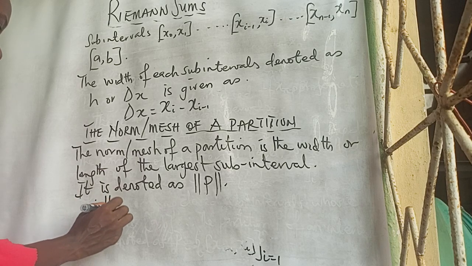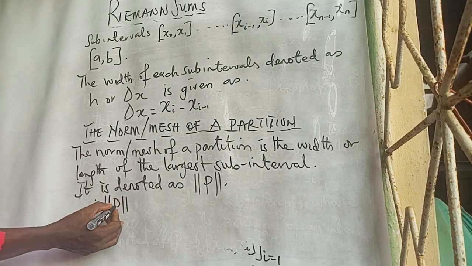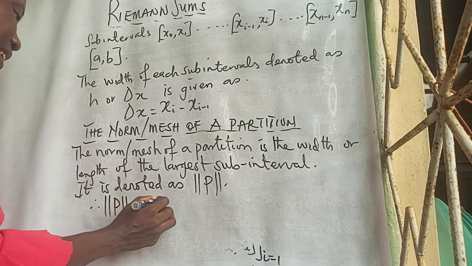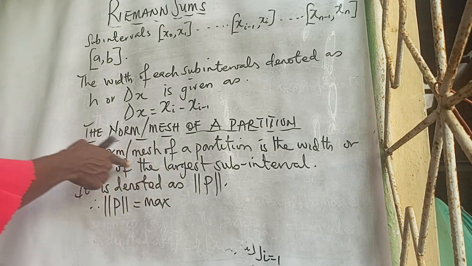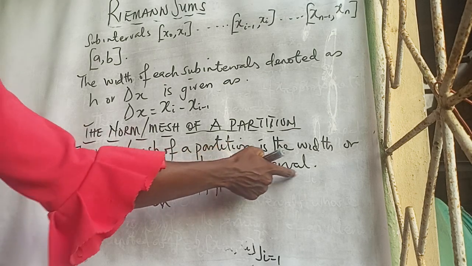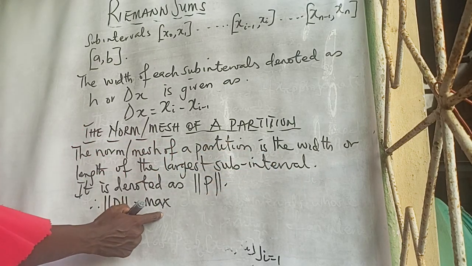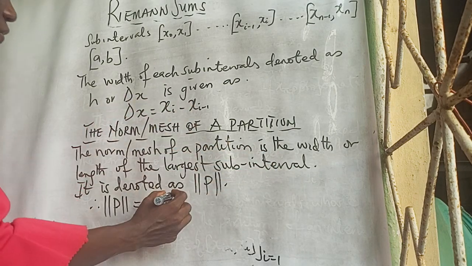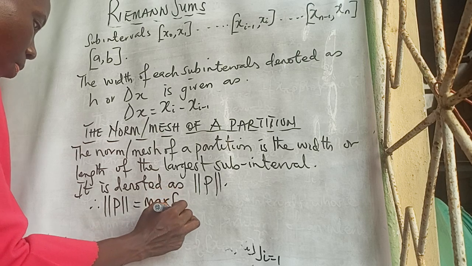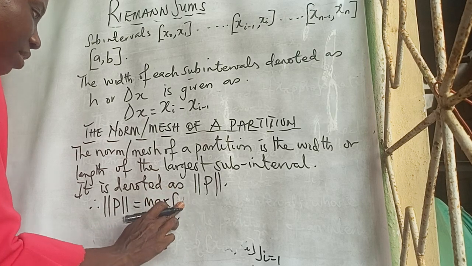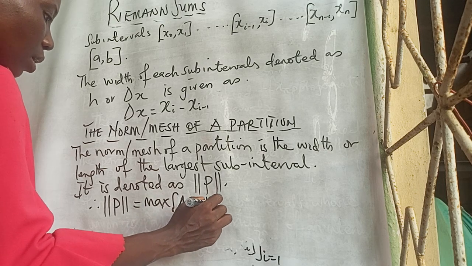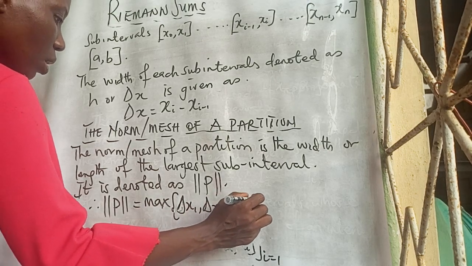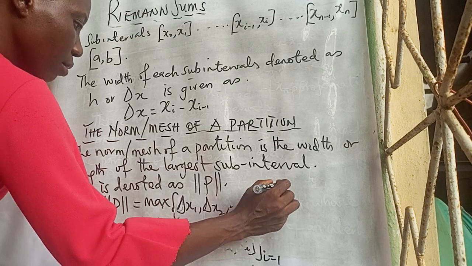Therefore, our norm or mesh of partition P is the maximum. Remember, we said the width of the largest subinterval. That means the maximum of delta x1, delta x2, down to delta xn.